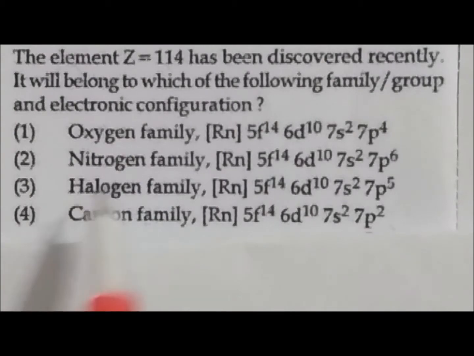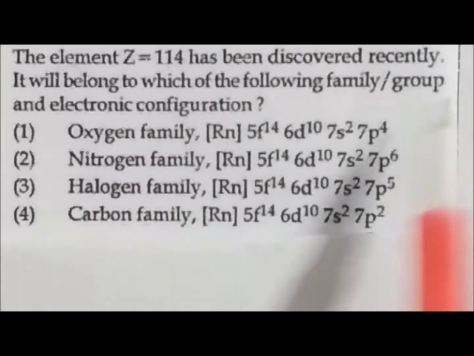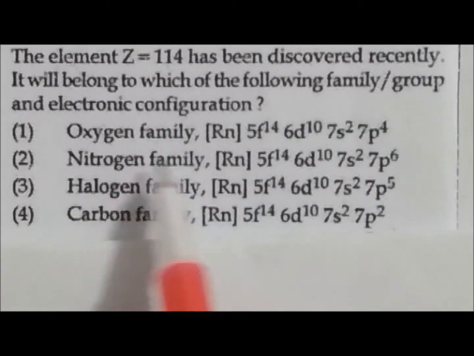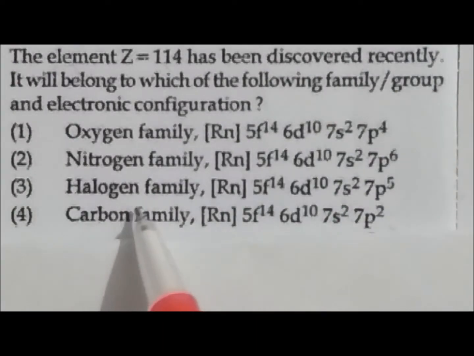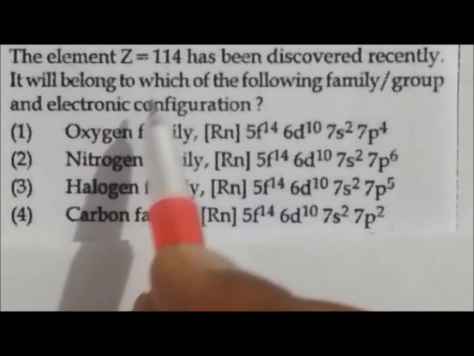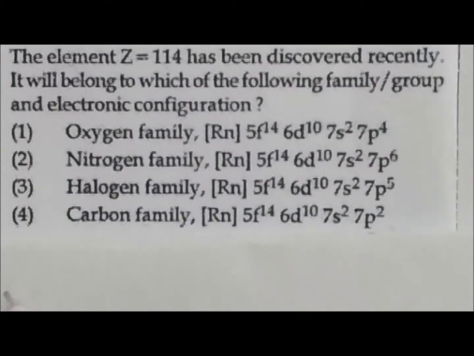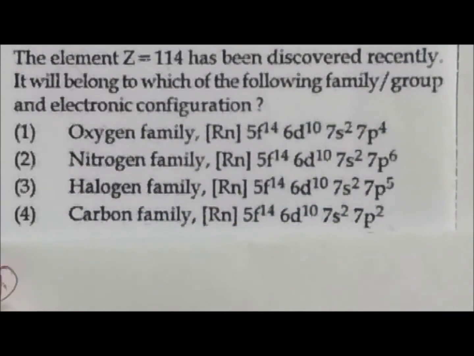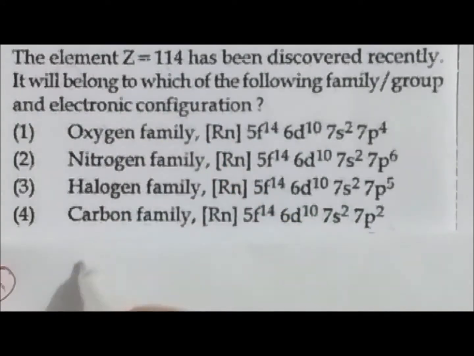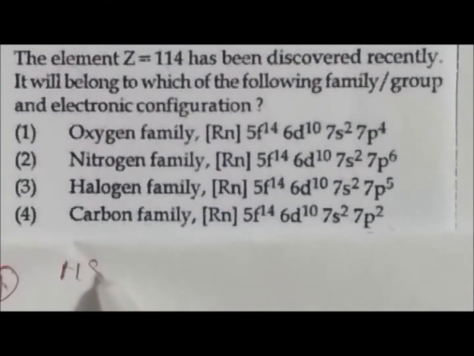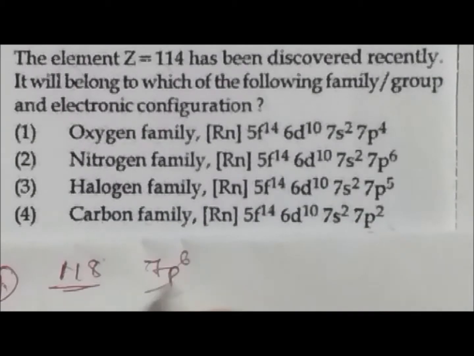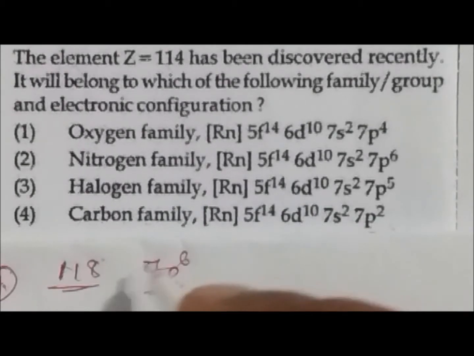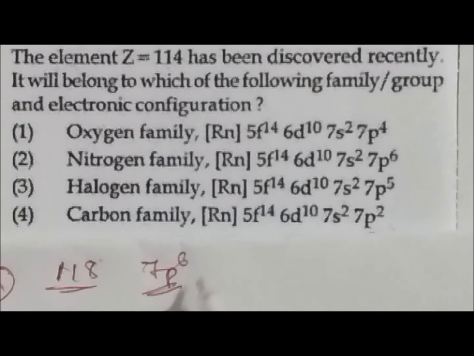The element Z equal to 114 has been discovered recently, and we have to find its family and group. There are many tricks to find it out. We can use one method: compare 114 with 118. What is 118? 118 is nothing but 7p6, the last electron in the periodic table.